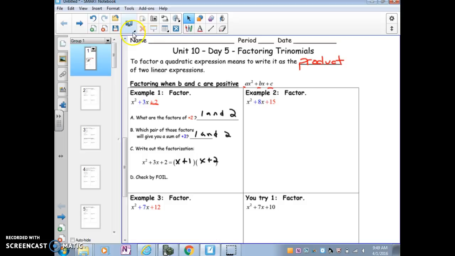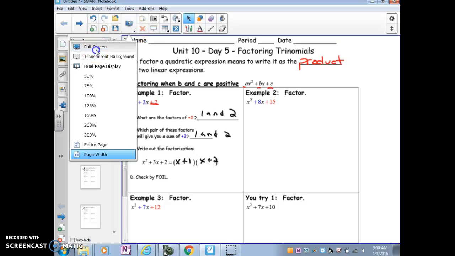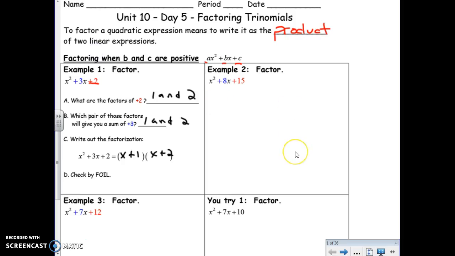Let's do that and then go back to our steps. So x squared plus 8x plus 15 is the trinomial that you're factoring. Let's write two parentheses. And we can also safely assume that we're going to have an x here and an x here. So we just have to figure out the two numbers.